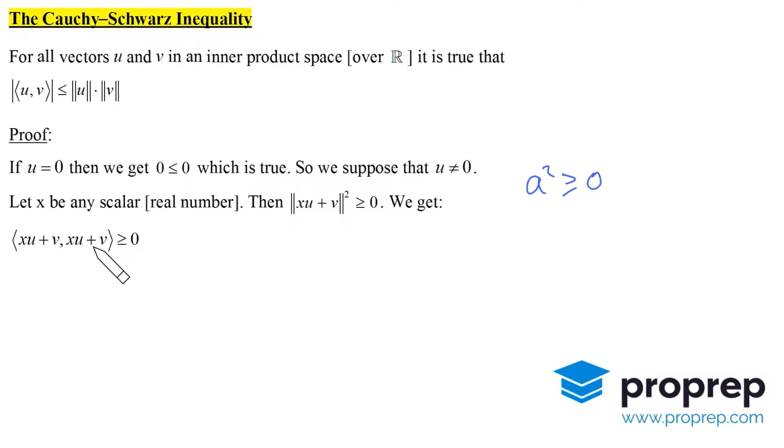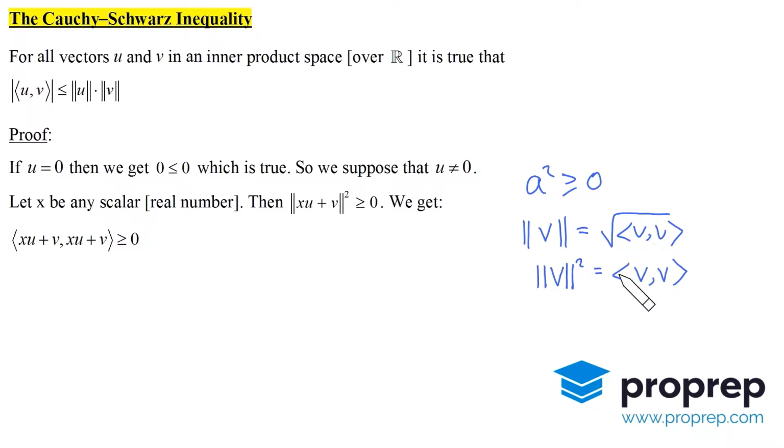In case you forgot, I'll remind you, because the norm of any vector, say v, not necessarily that v, is defined to be the square root of the inner product of v with itself. If we just raise both sides to the power of 2, I could put a 2 here and get rid of the square root, and then we'd get this equality for any vector v. Okay, so back here, the norm squared is the inner product of it with itself, and because it's bigger or equal to 0, this is bigger or equal to 0.